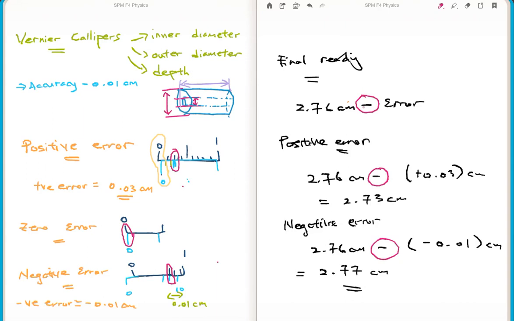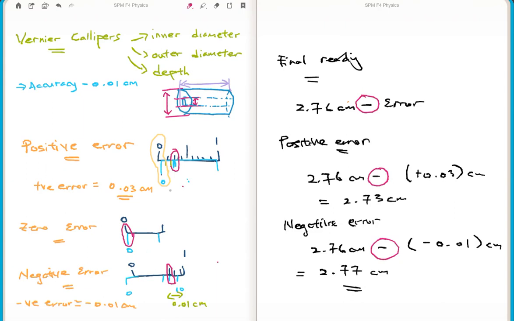But the thumb rule would be, for positive, you look for those on the left hand side, where the Vernier coincides with the major scale on the left hand side. If it were to be negative error, meaning over the right hand side, where the Vernier scale coincides with the major scale. How do you determine positive error?